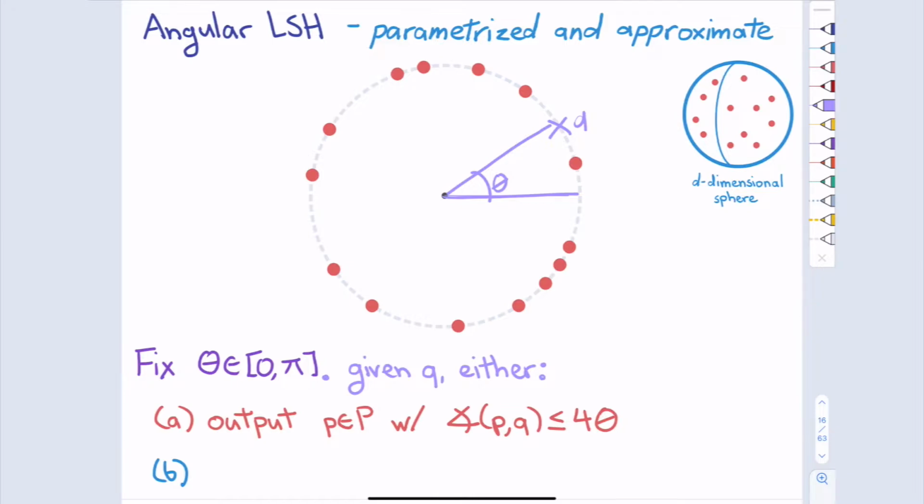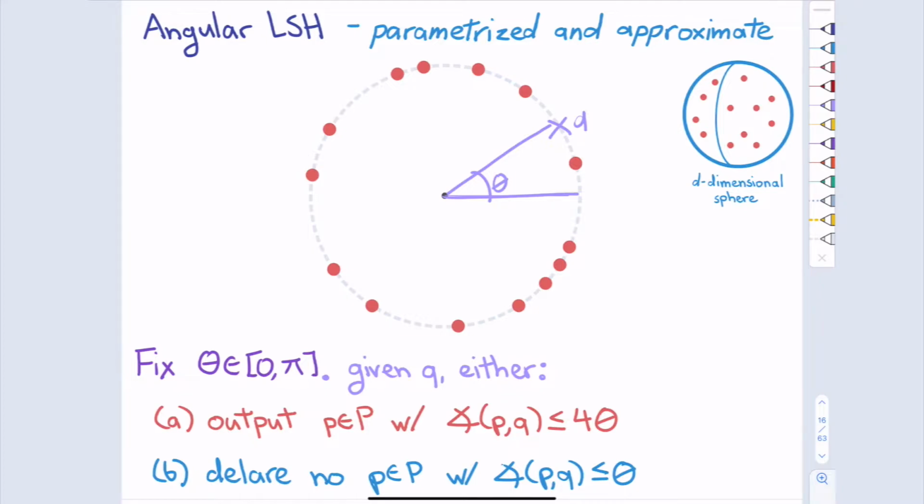So I have two choices. One is I can output some point that's within a constant factor of theta. Here I chose 4 because apparently it was convenient. Or I can declare there's no point that's within theta.